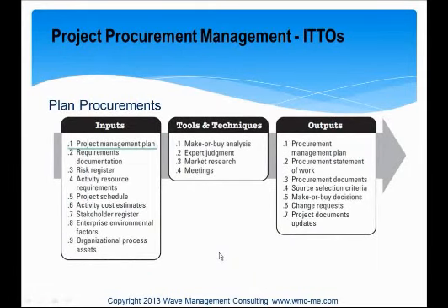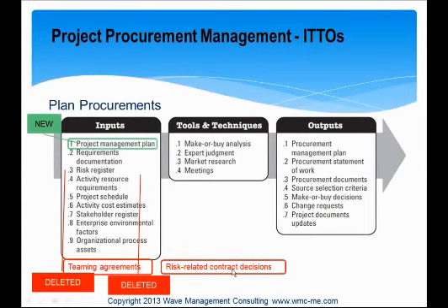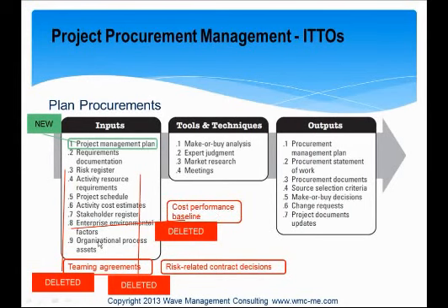Plan procurements. Project management plan is a new input. They deleted teaming agreements. They also deleted risk-related contract decisions from the inputs, as well as cost performance baseline was deleted.